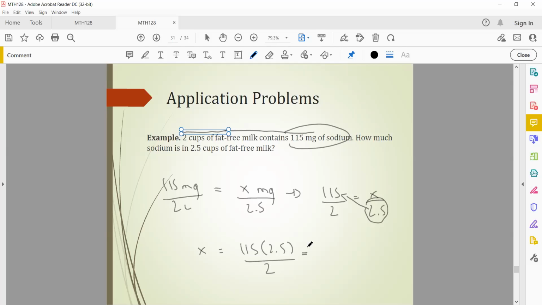And hopefully that's right. Let's see what the answer is. It is 143.75. Yeah, 0.7 would be weird. Usually it's like 0.75 or something.